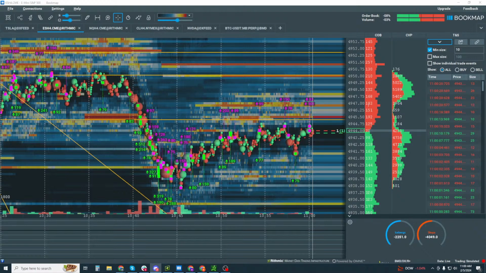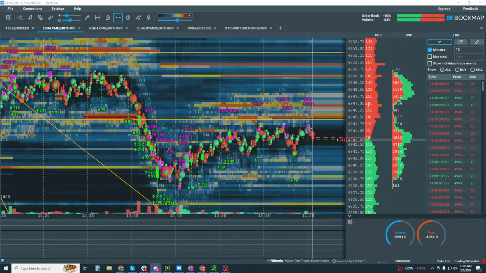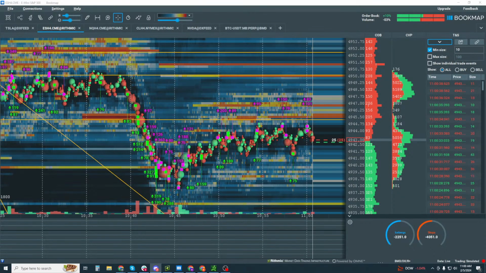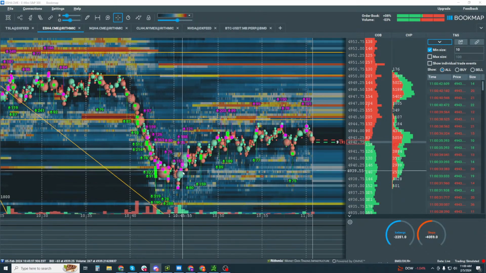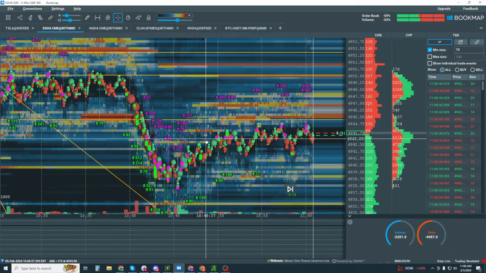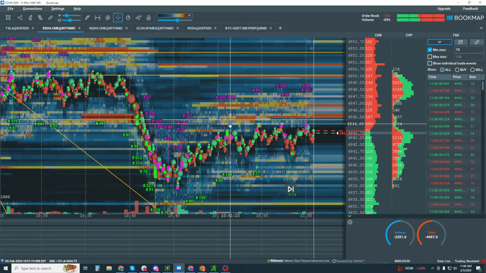And any other questions? Alan, what's the difference between trap sellers and responsive buying? Okay, let's cover that. Responsive buying is basically within a range.